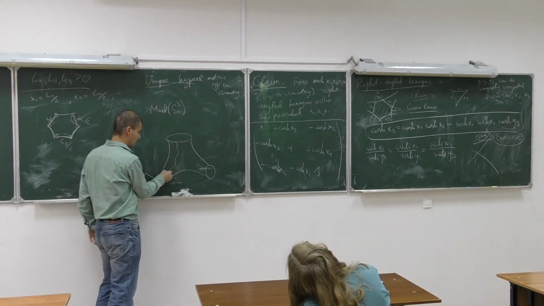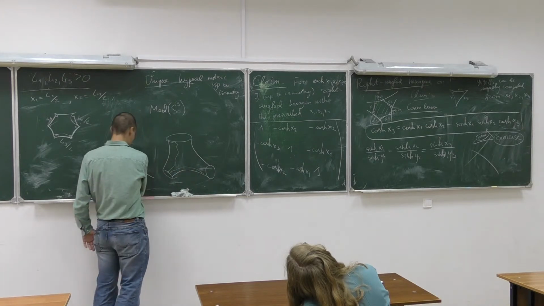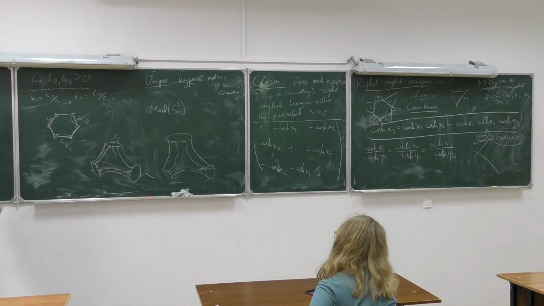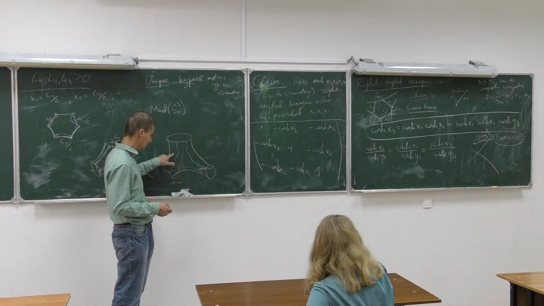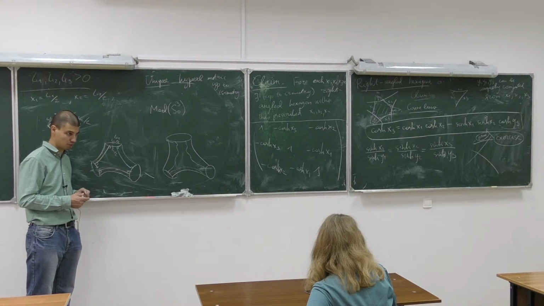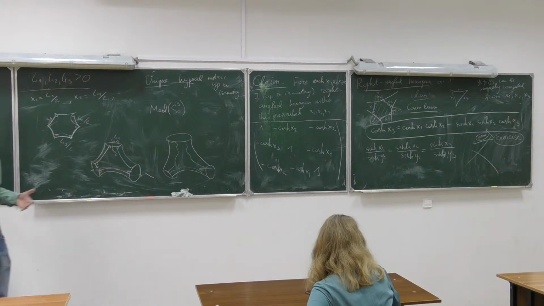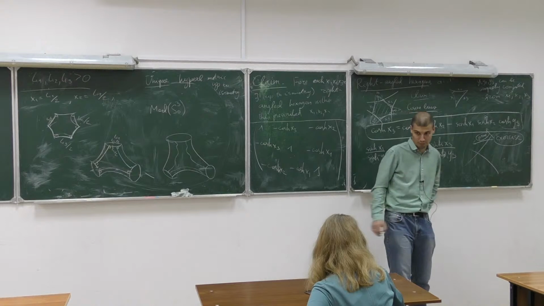Here we have some other yellow, red, and blue. I claim that these set of three segments and this set of three segments are isotopic to each other. And if we prove this claim, then we understand that the metric is unique up to isotopy.